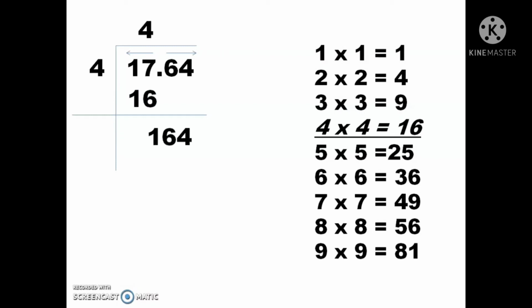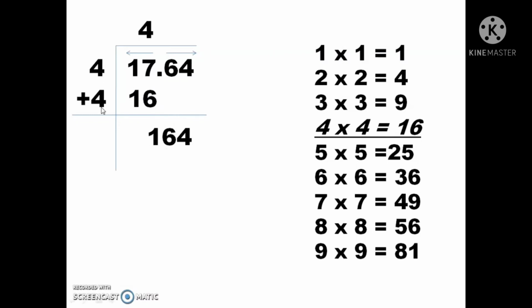Subtract, you will get 1 and you take 64 below. Now, what about this point? This point you will put in the quotient. Don't put this point in this part.